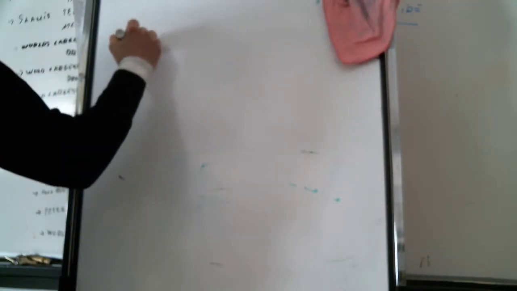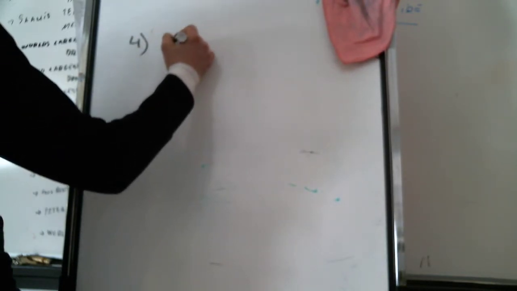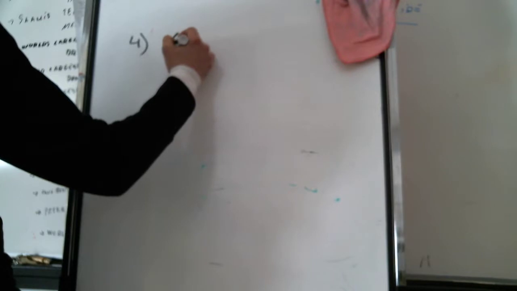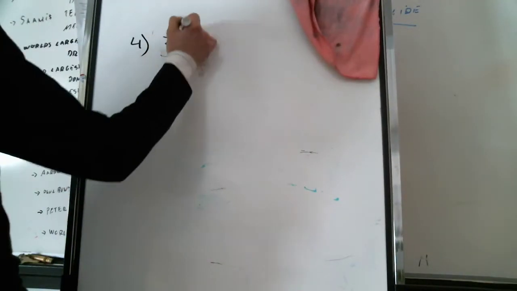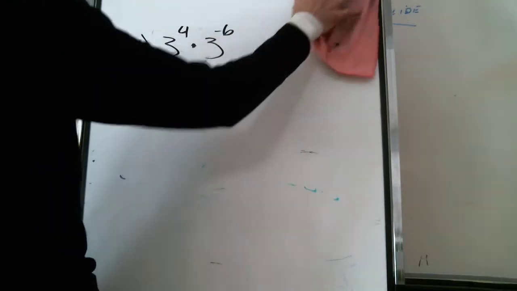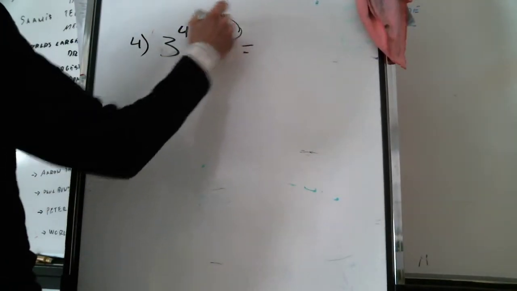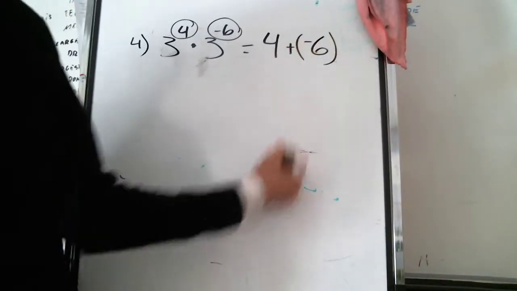Number 4. This is integers and powers. The big thing here is that if I have 3 to the 4, and then I multiply that by 3 to the negative 6, as you're going to see in a couple of things, if I have 4 and negative 6, when I do this, I'm adding negative 6, like so.